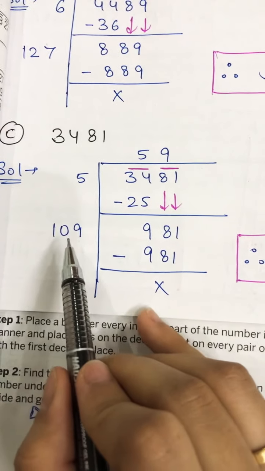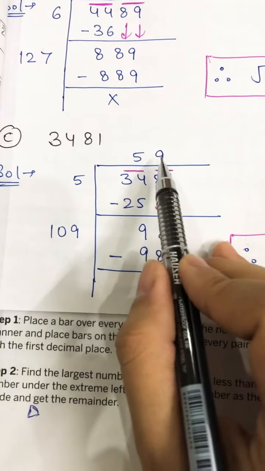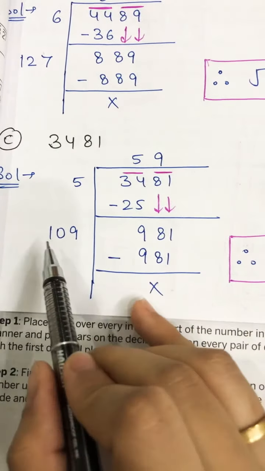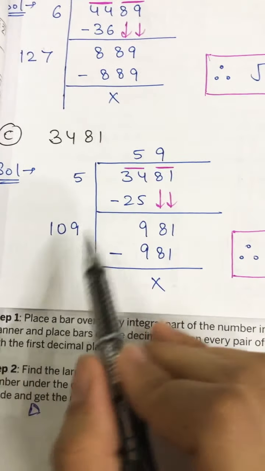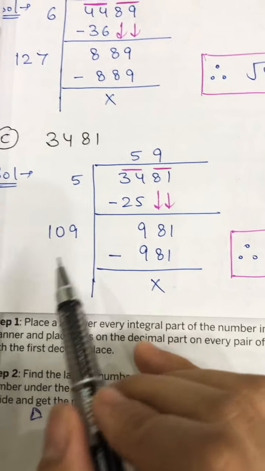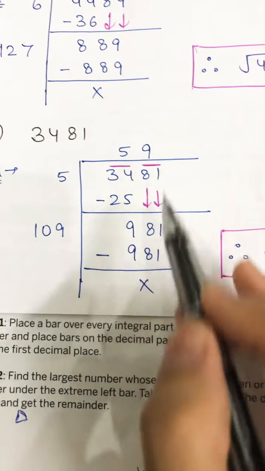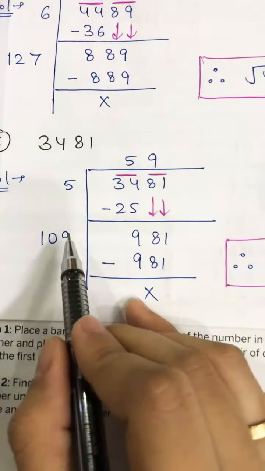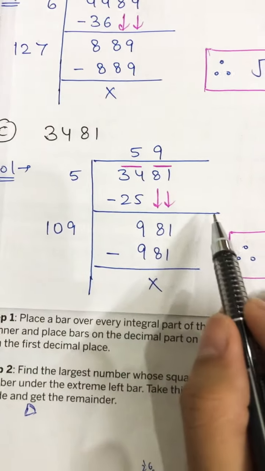If I place here, suppose, 101, 101s are 101, then 102s are, then you have to see 103, 104, 105, 106. Now I'll write here 109. 109 9s are 981. If I write 9 here, then I have to write 9 here also.